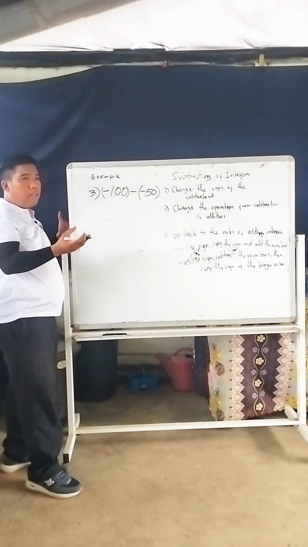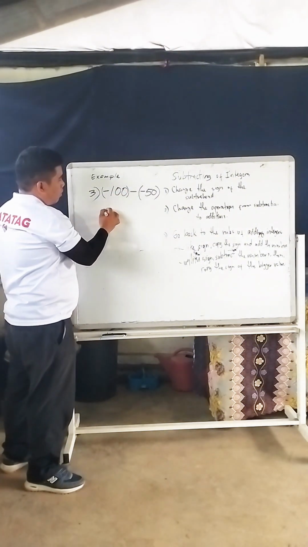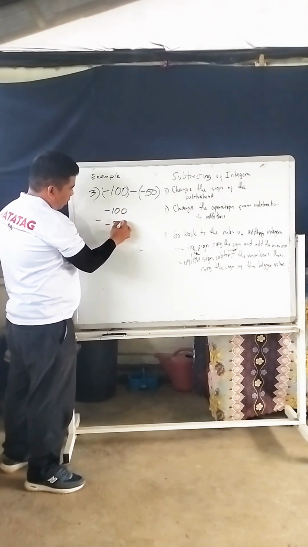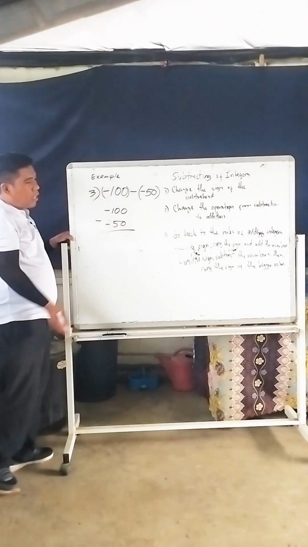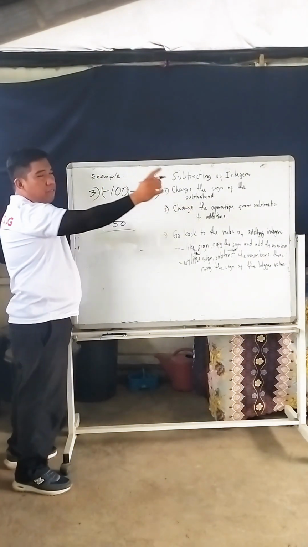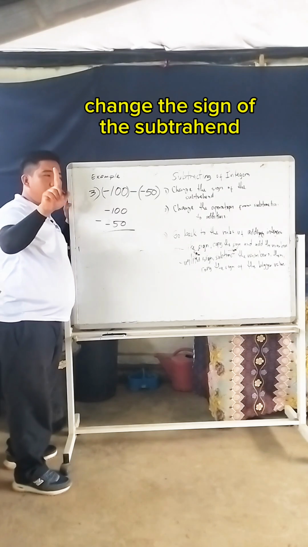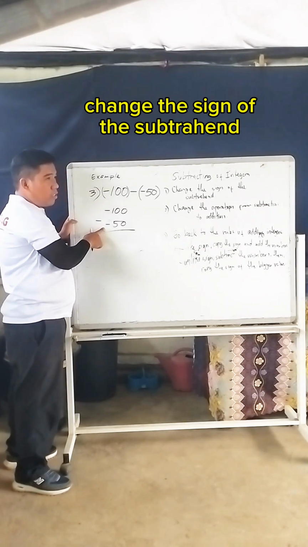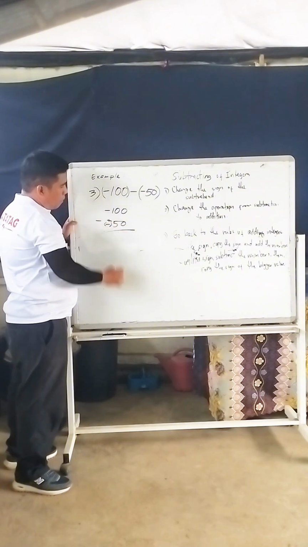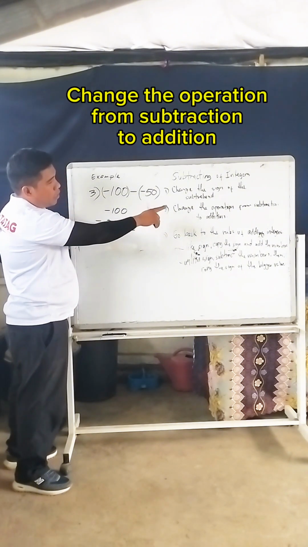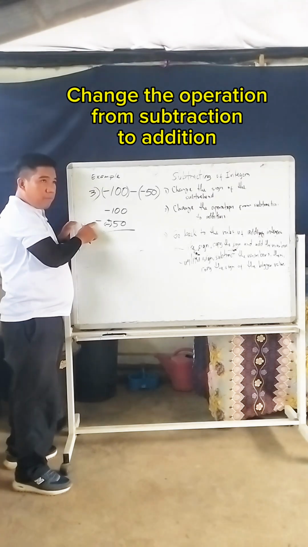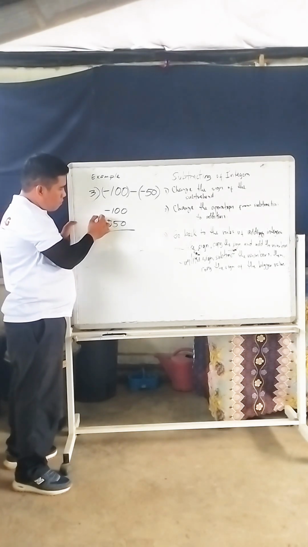Once again, we need to rewrite this one in this manner for us to answer this smoothly. So we have negative 100 minus negative 50. Again, our first rule is to change the sign of the subtrahend, so we need to change the sign from negative to positive. Then change the operation from subtraction to addition.